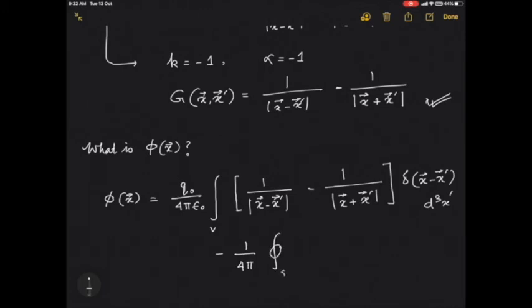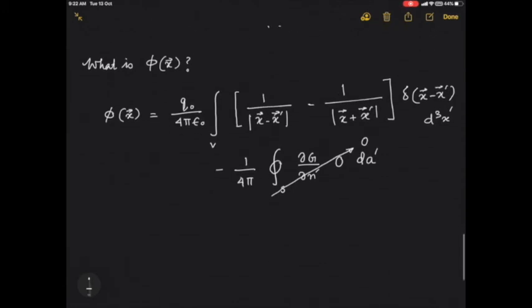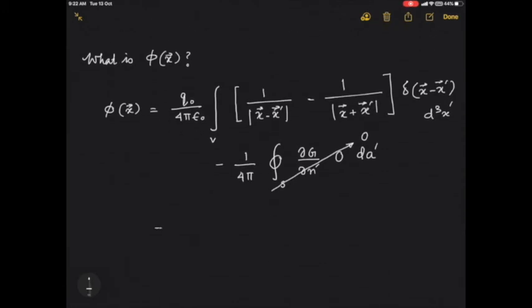and then I have a surface integral which is del G del n prime, which I have not calculated, but at the surface phi equals 0. So this times 0 dA prime. Obviously if I multiply anything by 0, it's going to be 0 only.